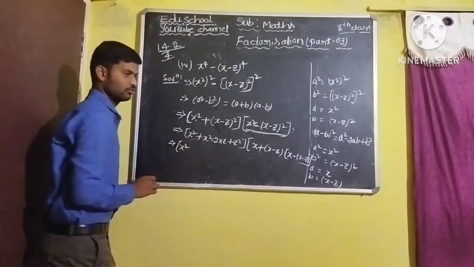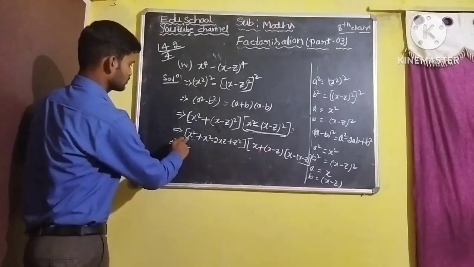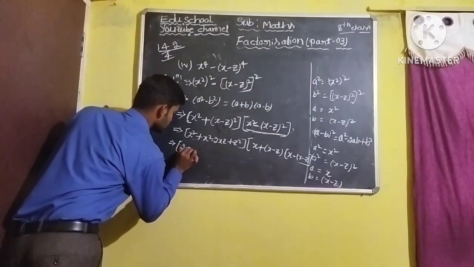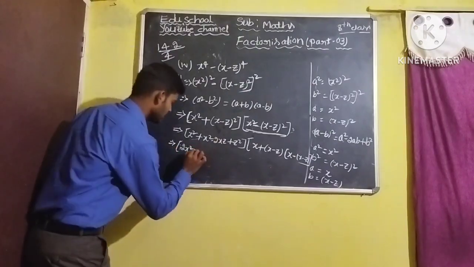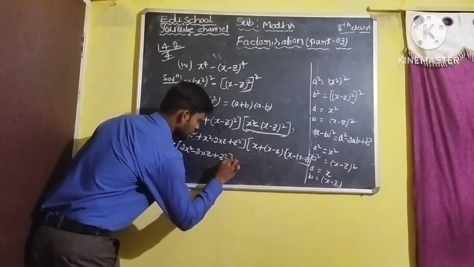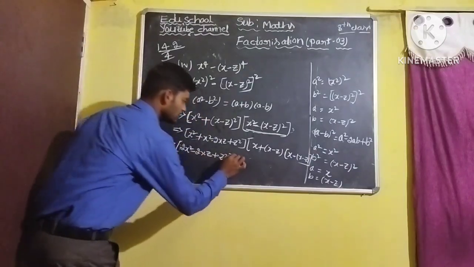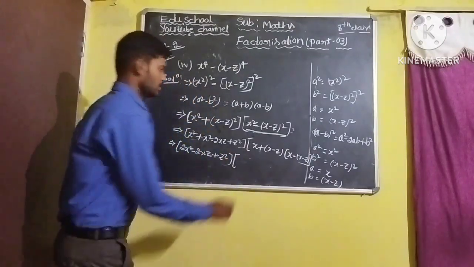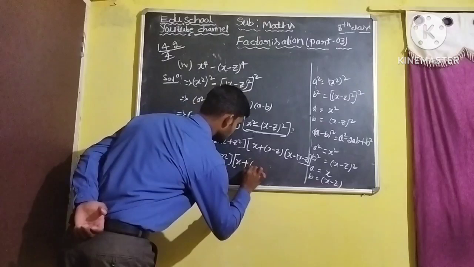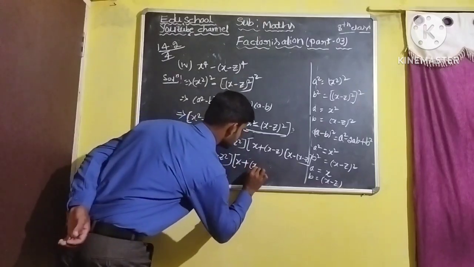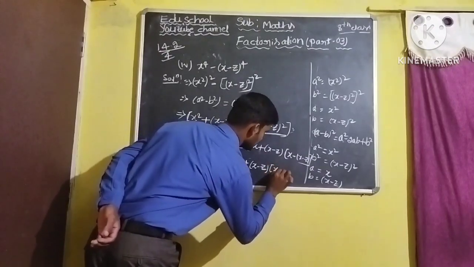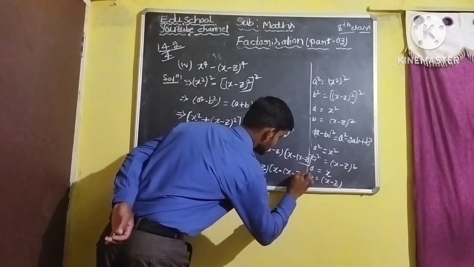In the next step, x square is there, so this can be written x square plus x square, if we add these two, how much do we get? 2x square minus 2xz plus z square, closed bracket, so into x plus x plus x minus z into x minus z.